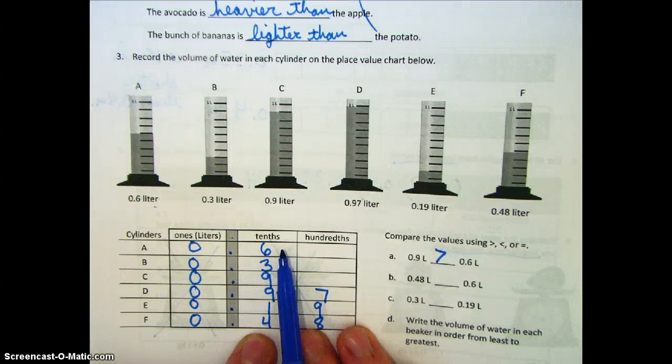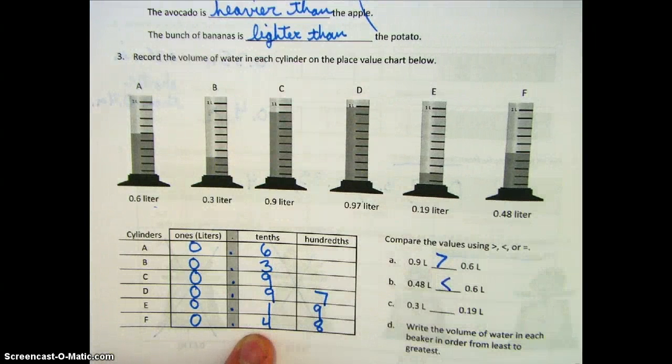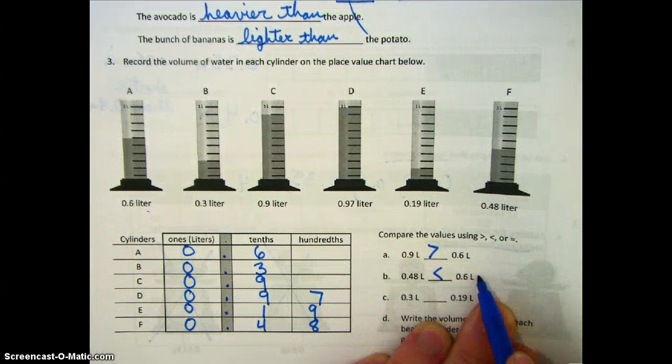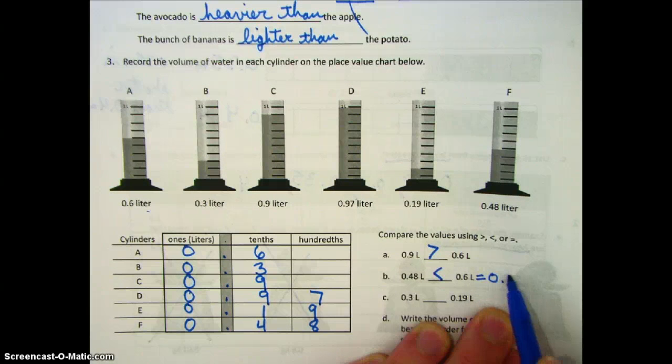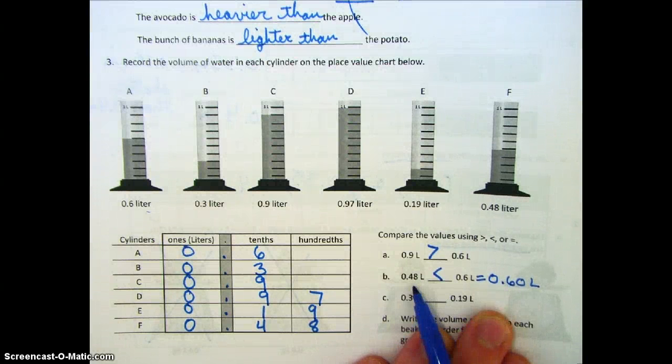So we go one place at a time. So we have a 6 in the 10th place here versus a 4 in the 10th place here. So that tells us our 6/10 is greater than our 48/100ths. And remember too that our 6/10 is also equal to 60/100ths. So now we can compare 48/100ths and 60/100ths. So you're going to be very careful when you get to that 100ths place.